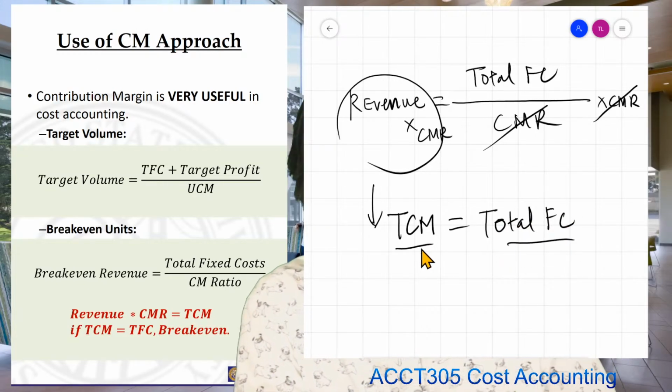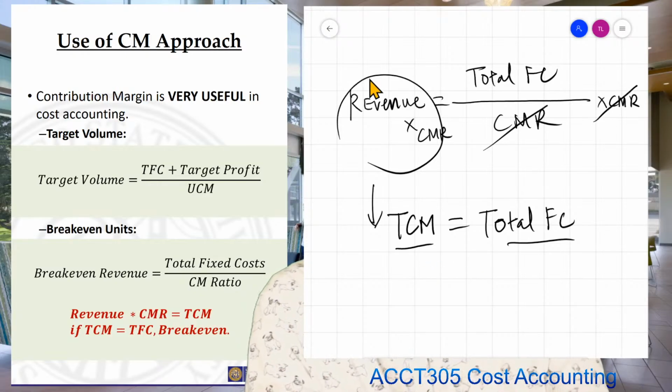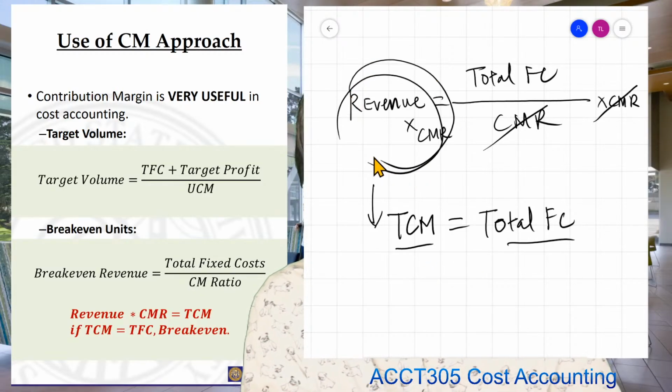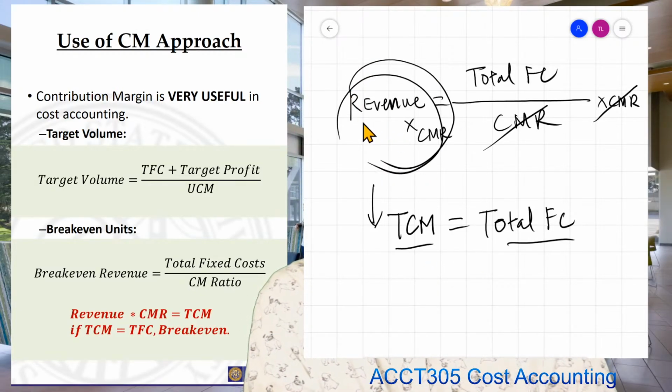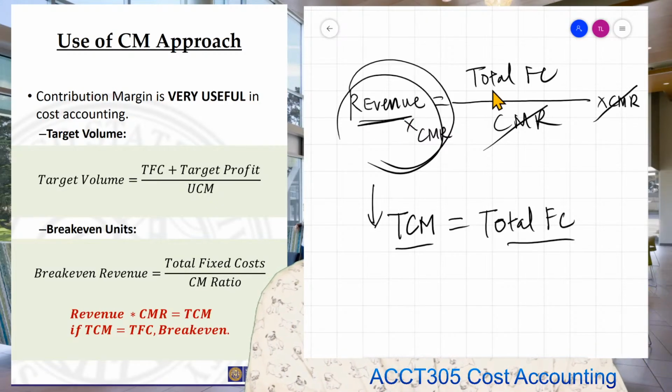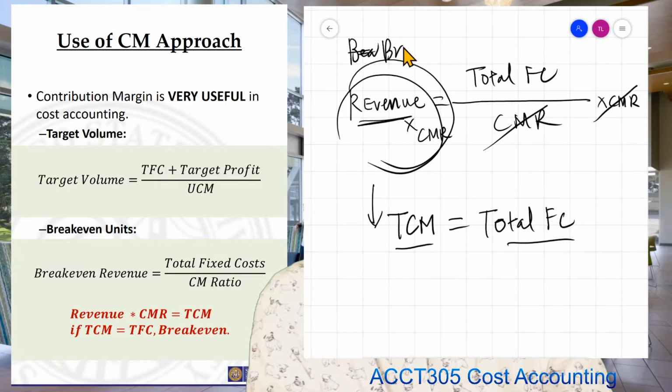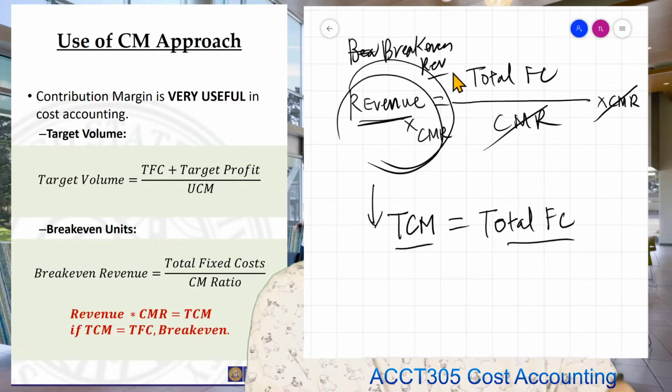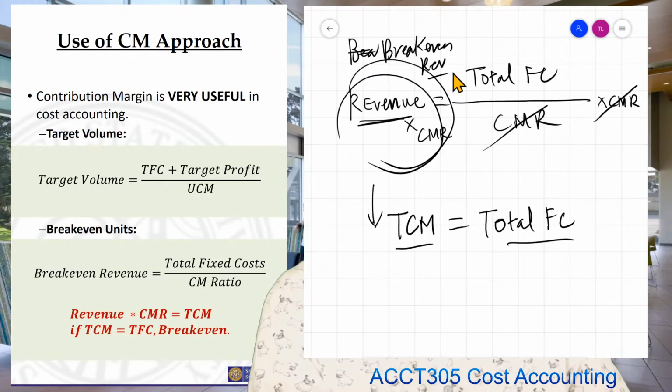Therefore, we have gotten the point of the revenue that we have to make in order to get to break even. That's what break-even revenue is. The dollar amount you must make in order to break even.